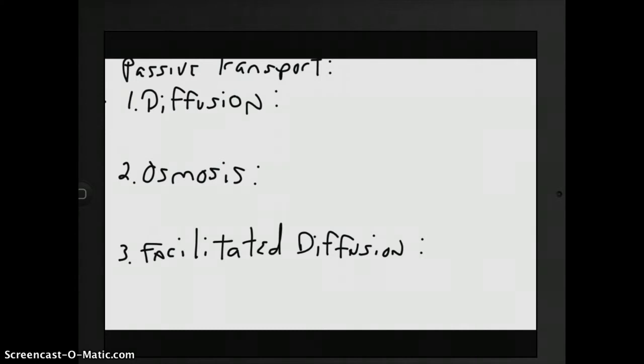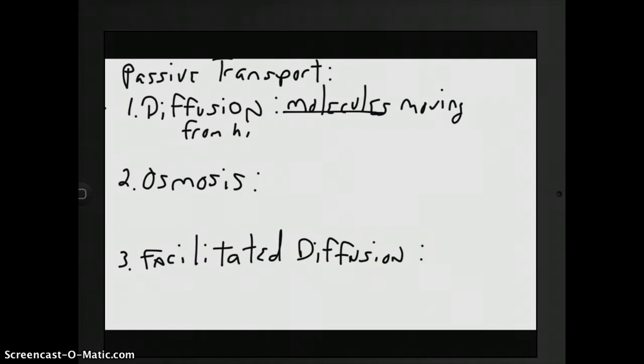Diffusion is just molecules moving from areas of high concentration to low concentration, and it can be any molecules. It requires no energy. Osmosis is very specifically just the diffusion of water.